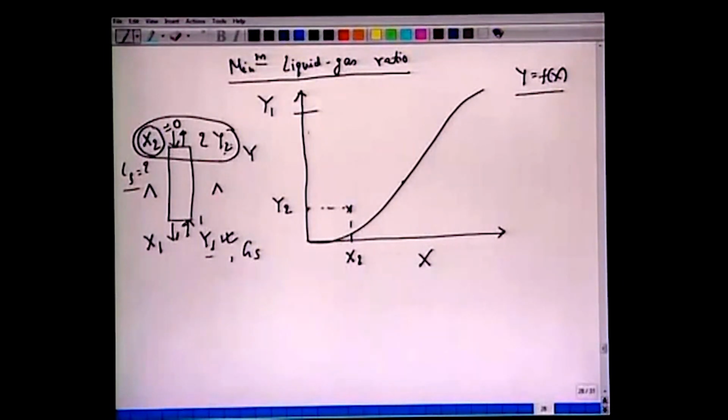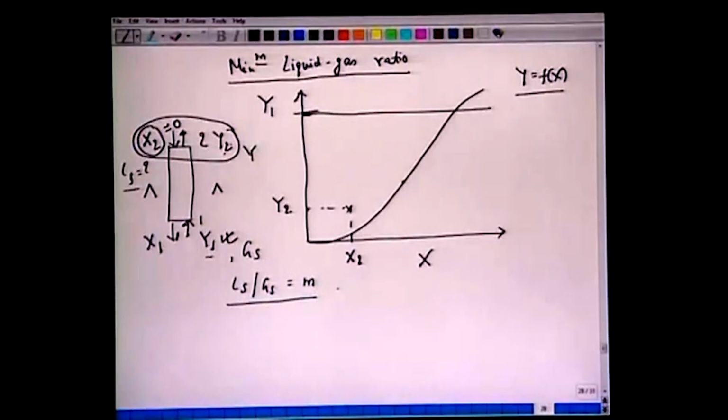Now if y1 is given to us, we can mark the level here. But to go back to the operating curve, we have the slope of the curve given as Ls by Gs. And this curve, of course, we know is linear here.